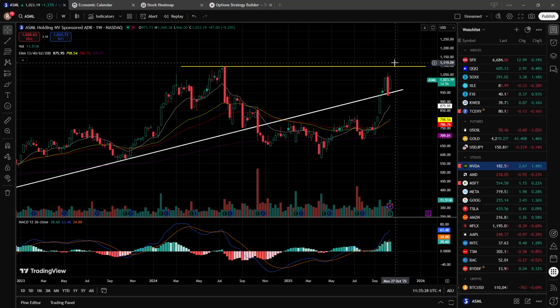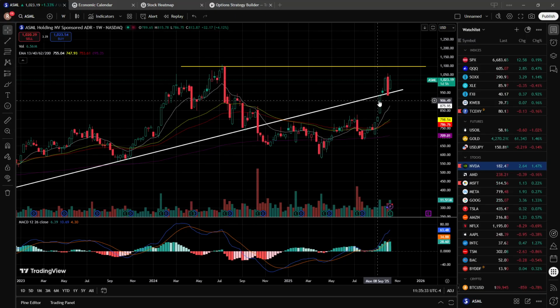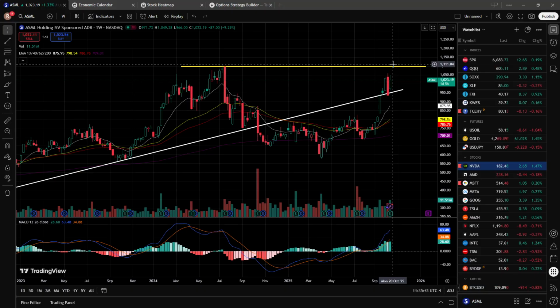Assuming I already own ASML and it's making me a profit, having gone to my first profit target, I would want to get paid to wait to reach my profit target. I always say you collect rent that way. So that's the trade, that's the play.